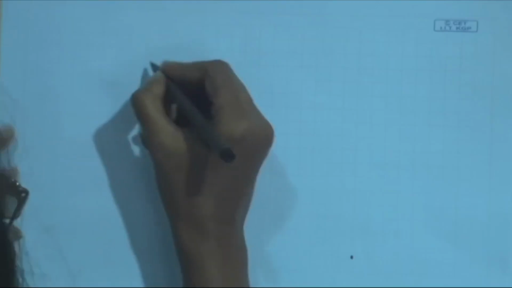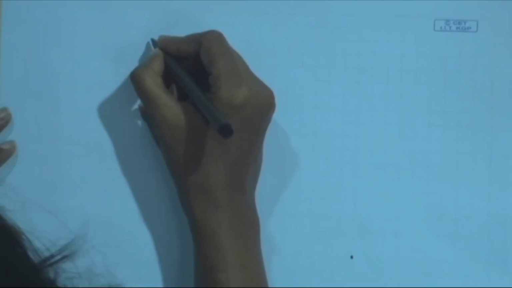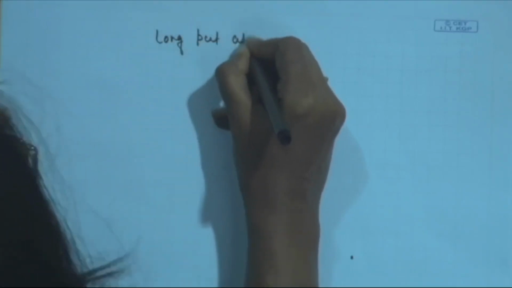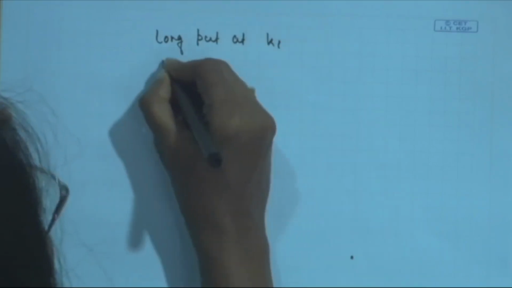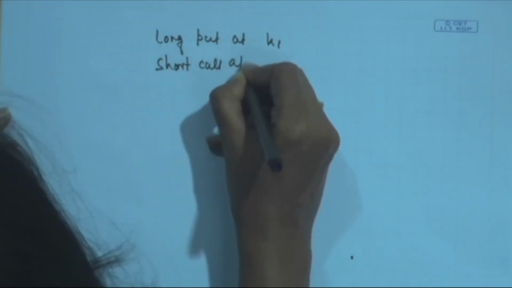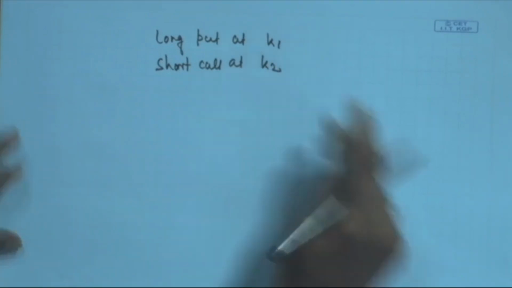So the payoff is going to look like this. Let's say you have a long put at K1 and a short call at K2.